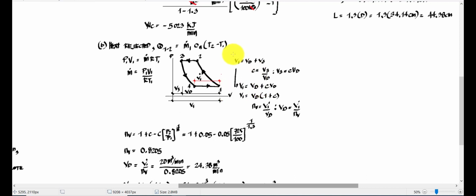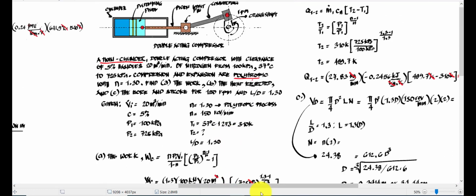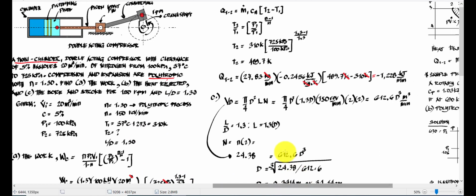Now we have here that your V1 is equal to VD plus your V3. Okay, so initially we have that value. Then we try to express this one. So looking at the overview of our solutions, going down and going here.